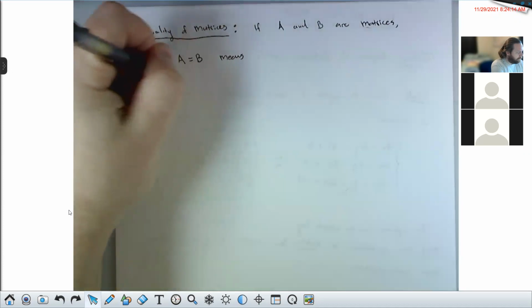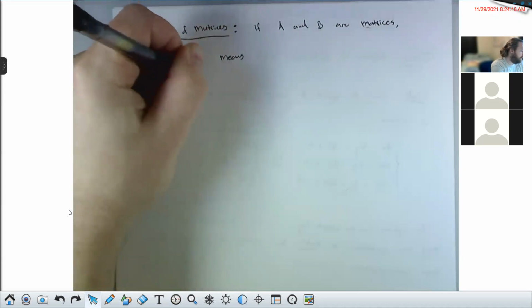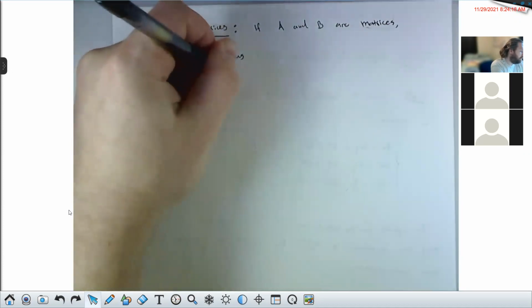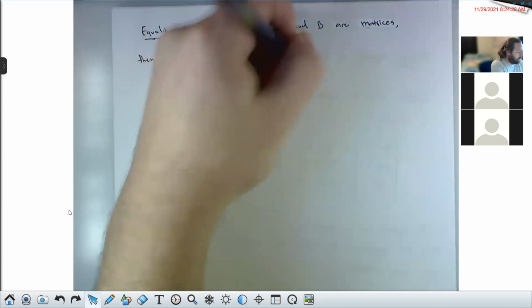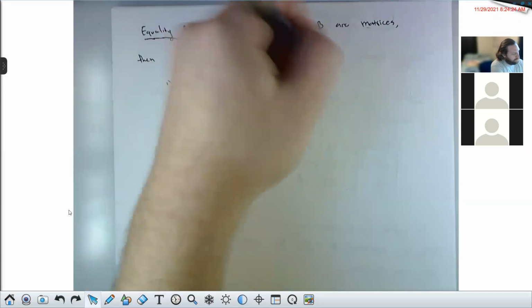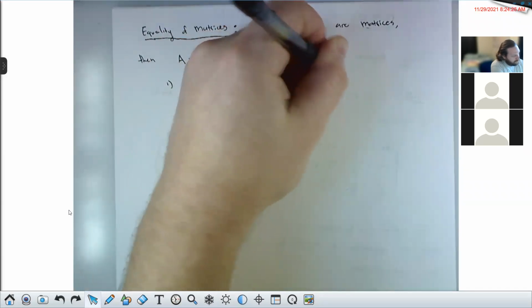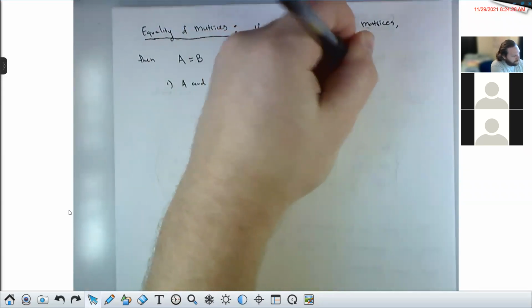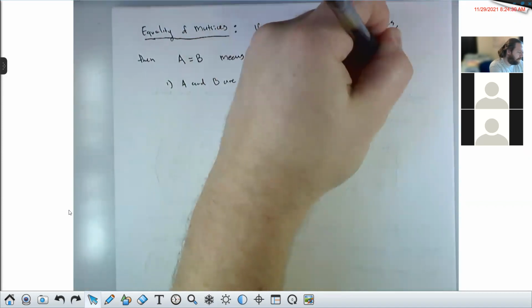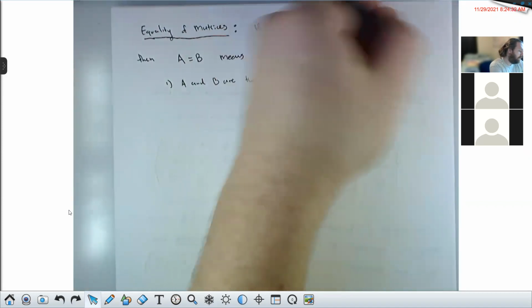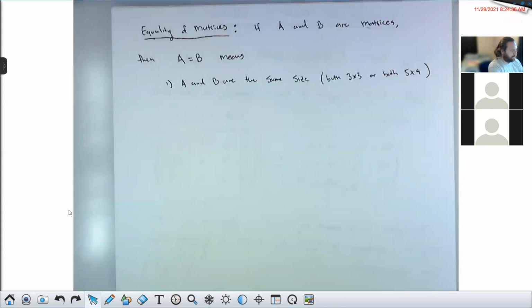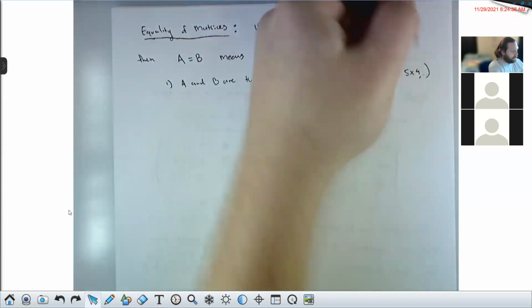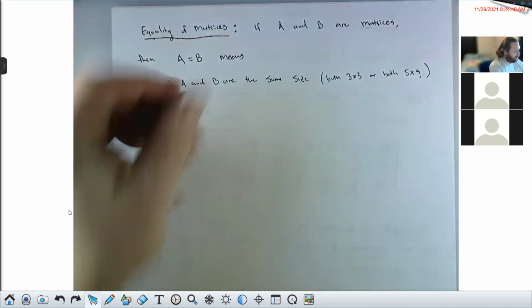First, A and B are the same size, right? Like both 3 by 3 or both 5 by 4, whatever. Same number of rows, same number of columns.